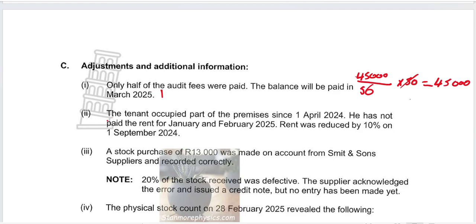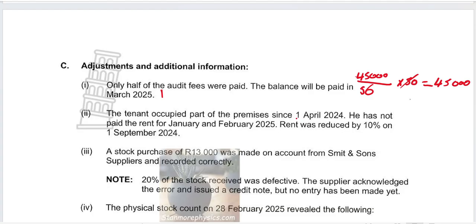Let's go to the second adjustment. The tenant occupied part of the premises since 1 April 2024. We are renting a place since 1 April 2024. It means that we receive rent income. Do you get me? We have given someone a chance to rent. So every month he's paying us money.